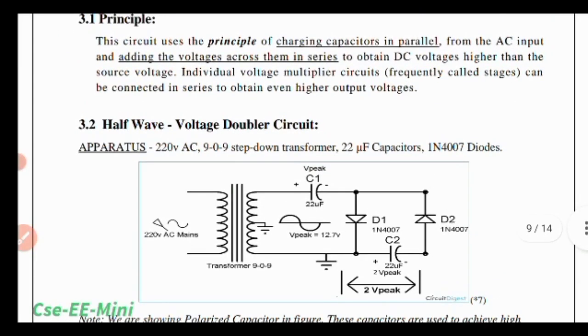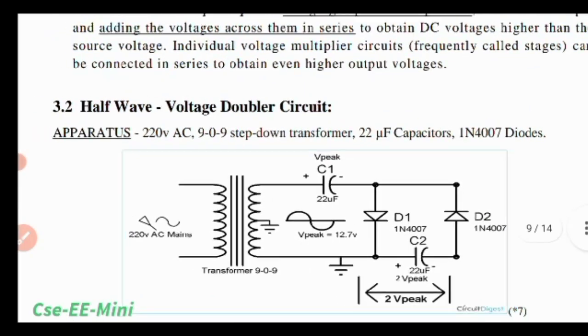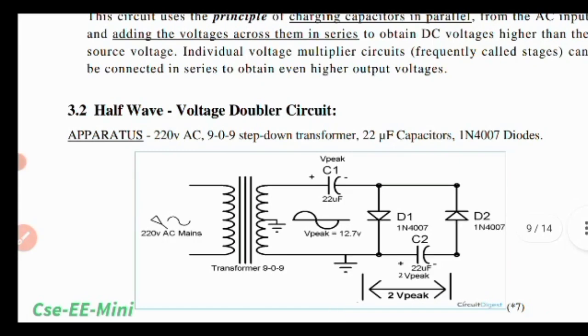So parallel basically refers to the fact that we first connect a capacitor and then a diode, and then a capacitor, then a diode. The combination of a diode and a capacitor contributes to the formation of a stage, and if we increase the number of these stages, that results in the conversion to high DC voltage.